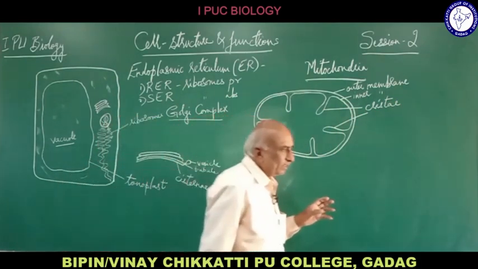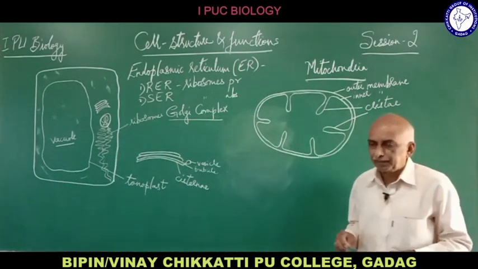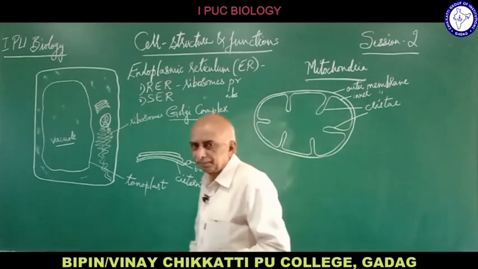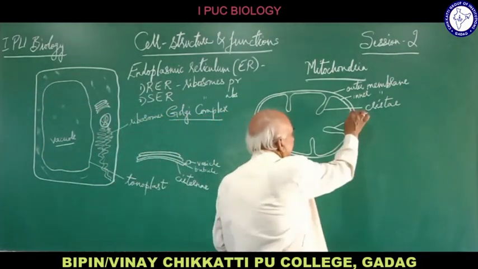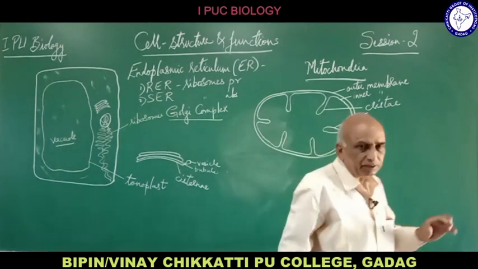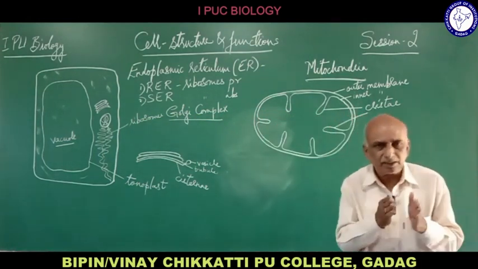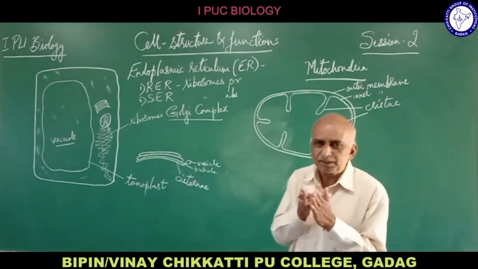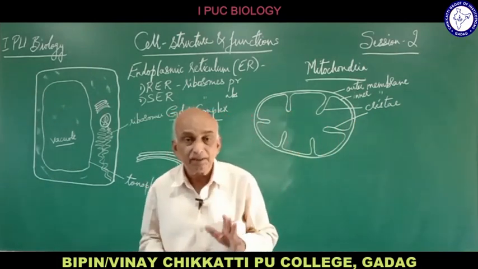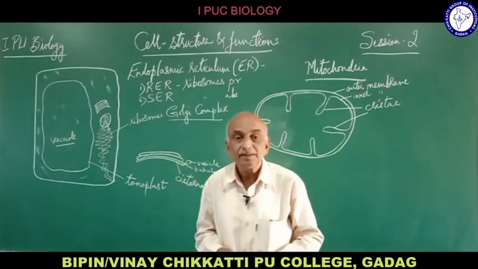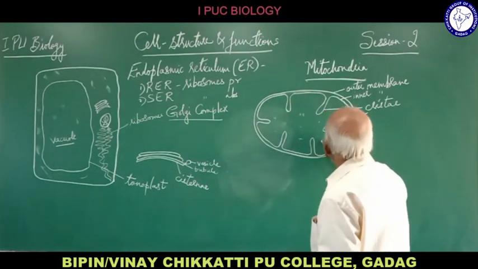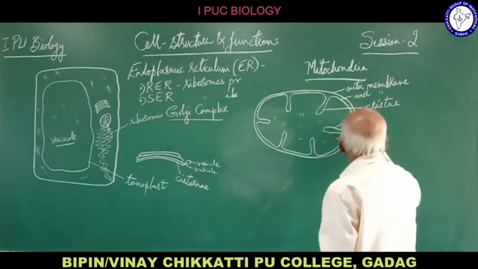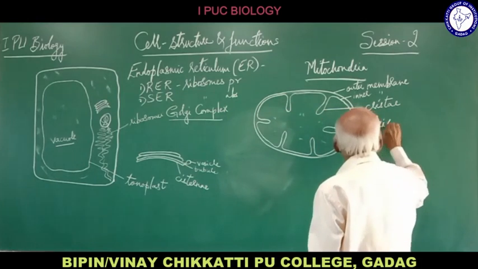Between the outer and inner membrane there is a minute space that is called the perimitochondrial space. That means the two membranes are not in contact. There is a minute space in between, which is called the perimitochondrial space. And inside the mitochondria we have a fluid which is called the matrix.